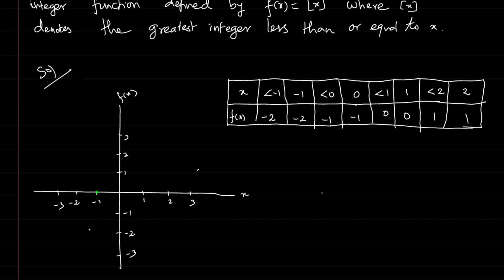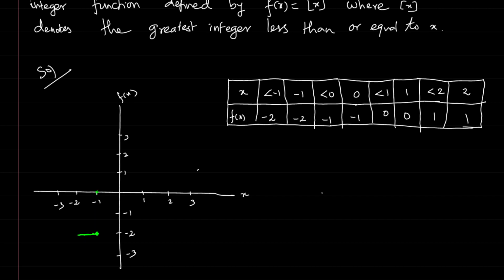This is the function value we got for x is equal to minus 1. So what about the values less than minus 1? For the values less than minus 1, the function value is minus 2, the same function. It remains the same for f of x.